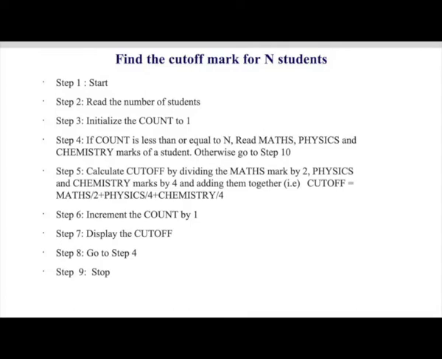That is, cutoff equals maths by 2 plus physics by 4 plus chemistry by 4. Step 6, increment count by 1. Step 7, display cutoff. Step 8, go to step 4. Step 9, stop.